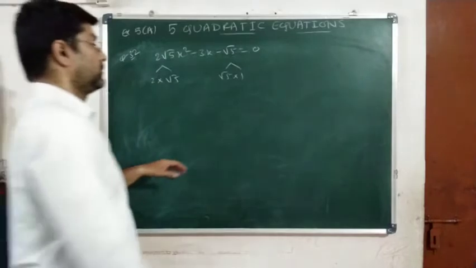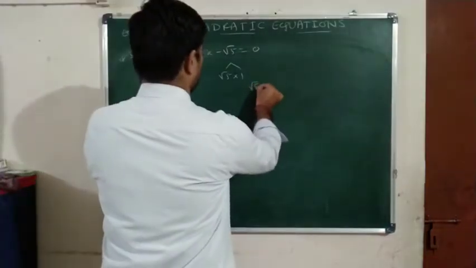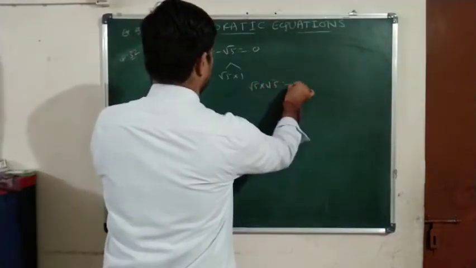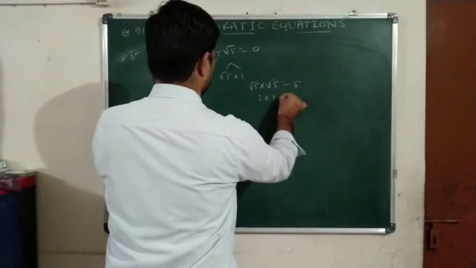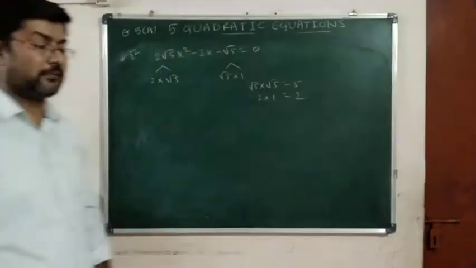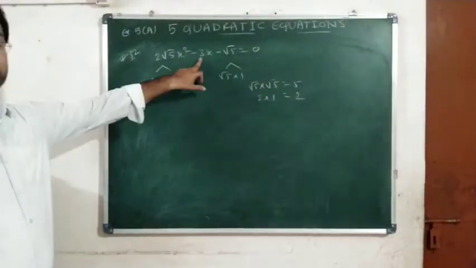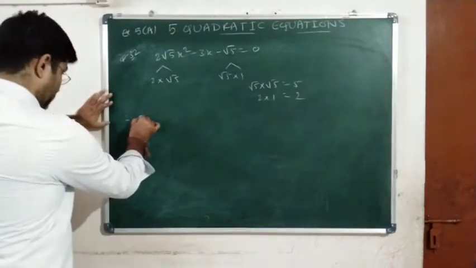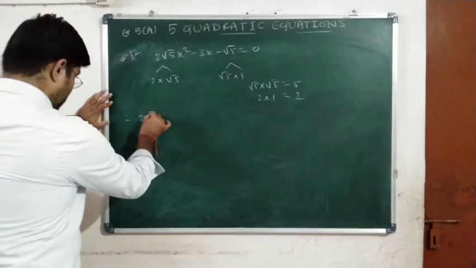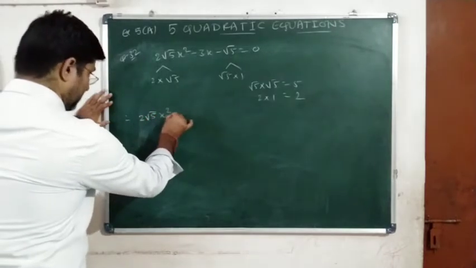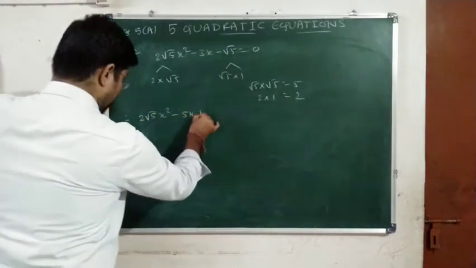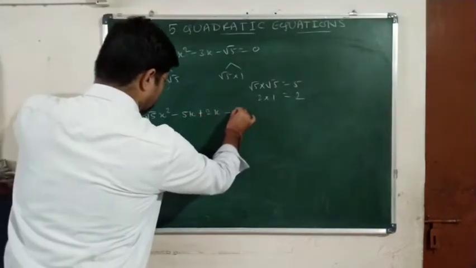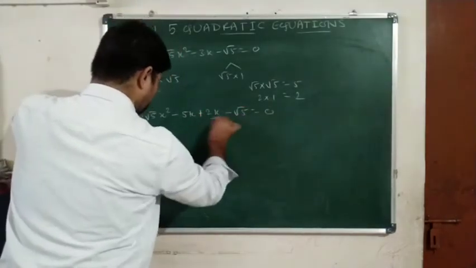So the two numbers will be root 5 into root 5 is equal to 5, and 2 ones are 2, and the difference 5 minus 2 will be 3. Clear? So 5x and 2x we can write. So 2 root 5x square minus 5x plus 2x minus root 5 is equal to 0.